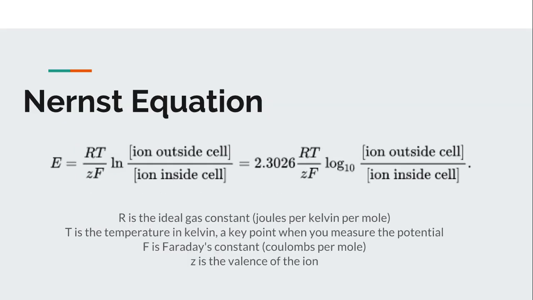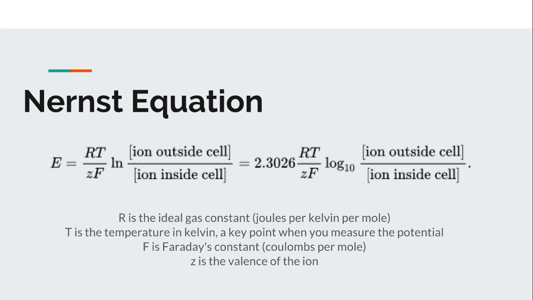Remembering these assumptions, we can show the Nernst equation defined as follows: E equals RT over CF times the logarithm of the ion outside the cell over the ion inside the cell.